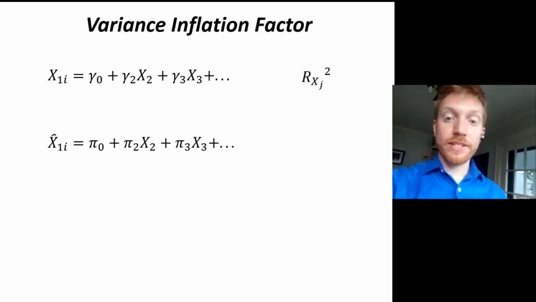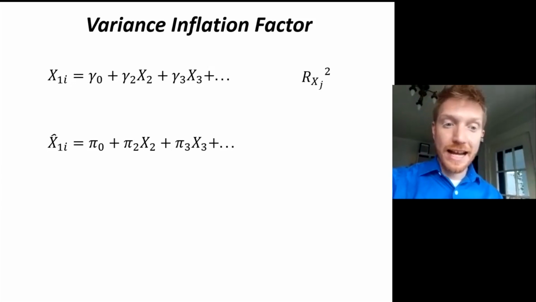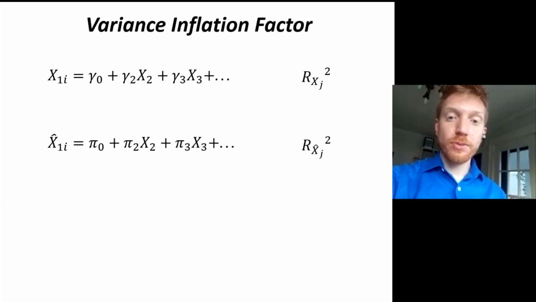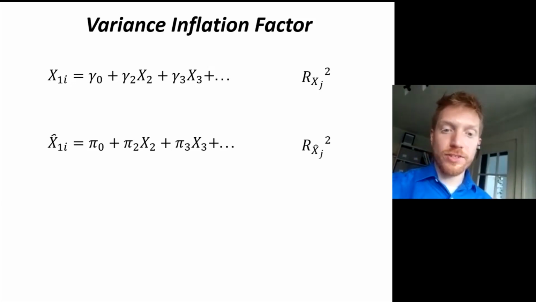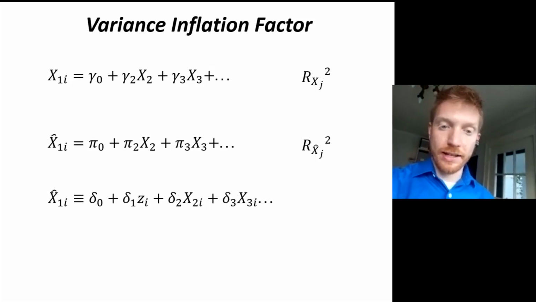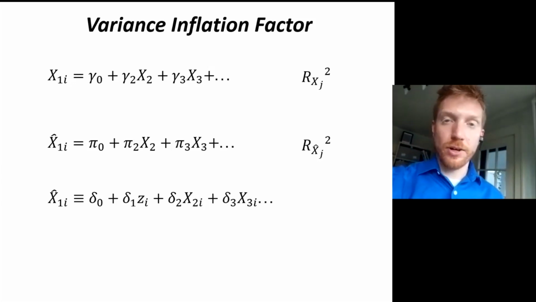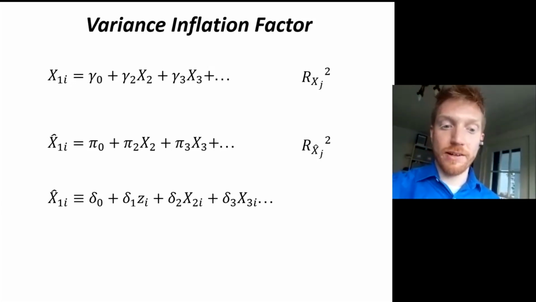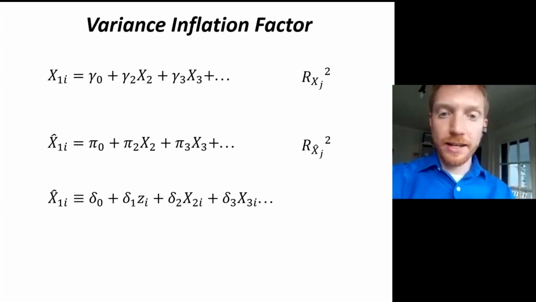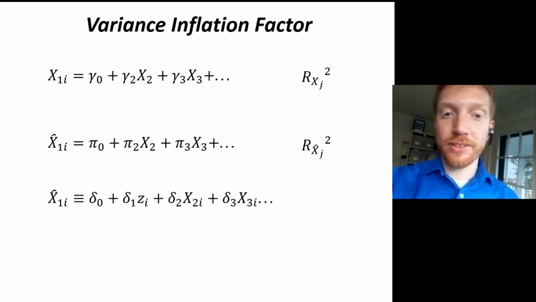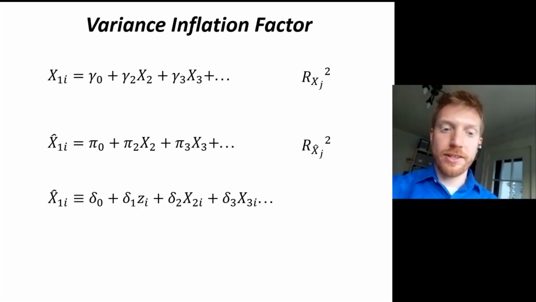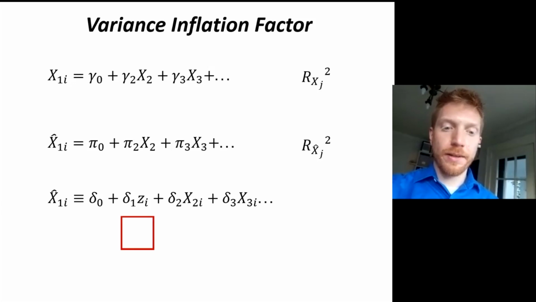We're doing something very similar here, but instead of x, we're using x hat. That's the only difference. However, I do want to emphasize that all these other x's are part of the definition of x hat. And so the only difference of x hat versus the version with the betas, the version where we're looking at the rxj's, is that we have the z in the definition of x hat right there.